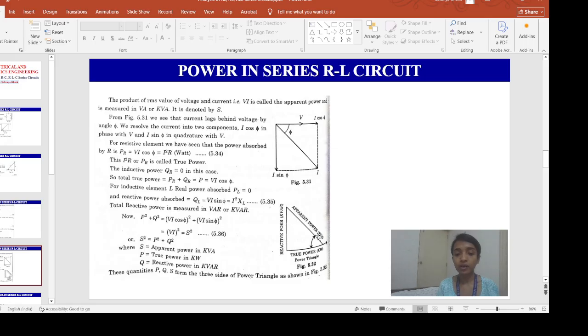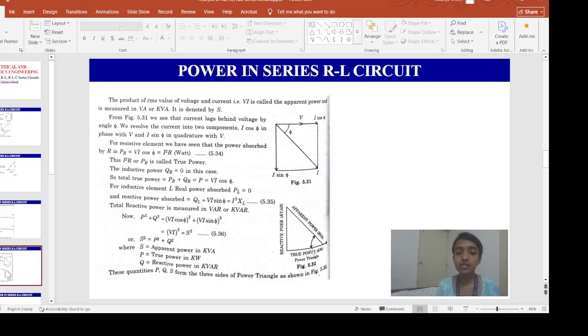So, S square will be P square plus Q square. P means VI cos phi, that whole square, and Q means VI sin phi, that whole square. So, S square is P square plus Q square.